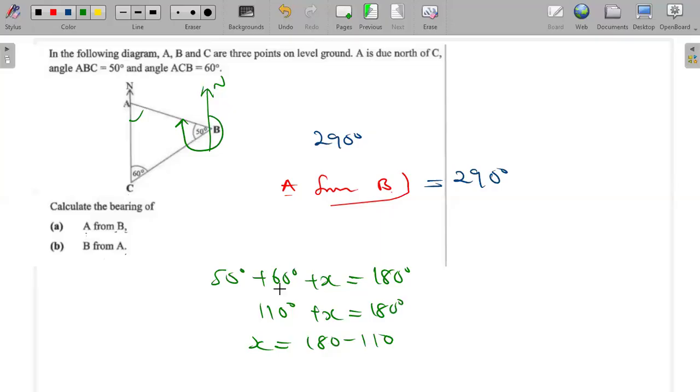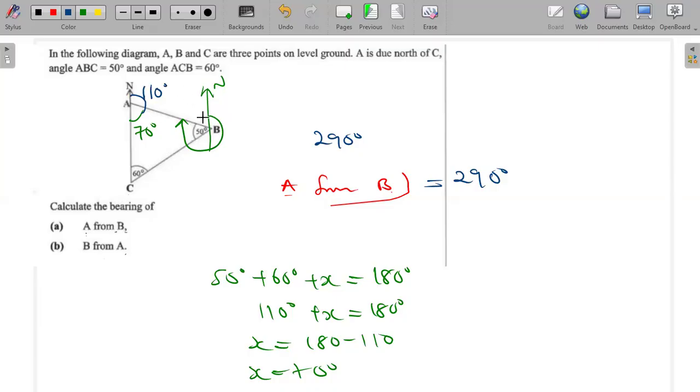So this angle here is 70 degrees. Being 70 degrees, I can find this other upper part here, because when I add the two on a straight line, they add up to 180. So 180 minus 70 is going to give me 110.